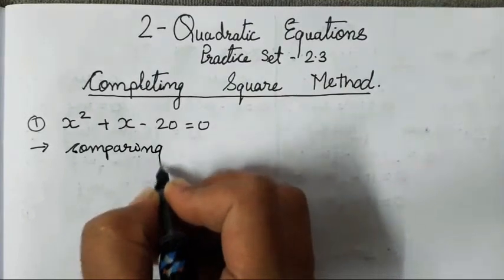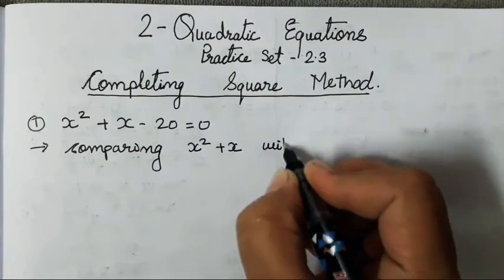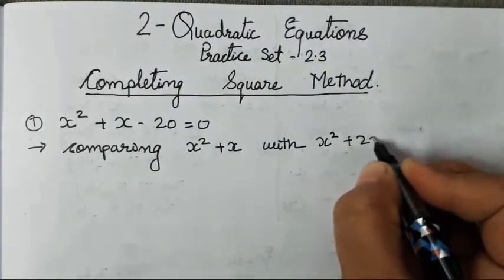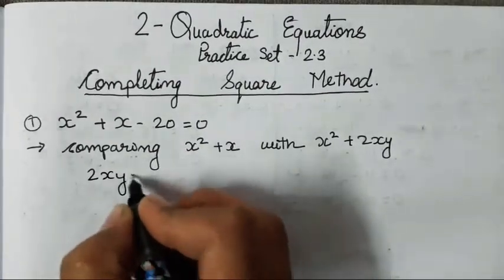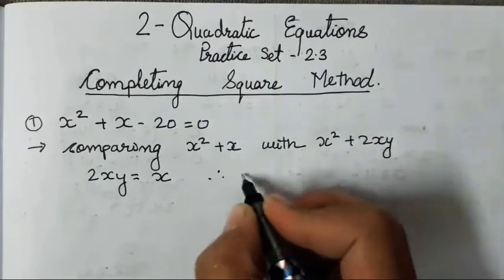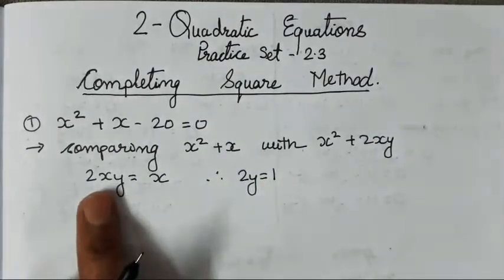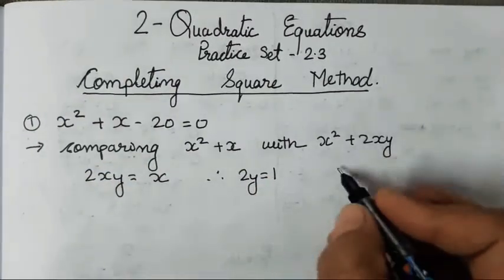First you have to compare it with x square plus 2xy. So 2xy is equal to x, therefore 2y is equal to 1. I have taken x over here, therefore we have got 1 over here.